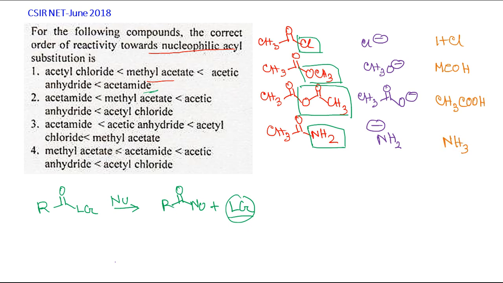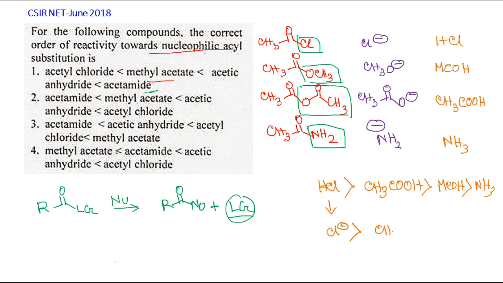Now if you consider the acidity of these 4 species, maximum acidic is HCl, after that it is acetic acid, then it is methanol. So this is the order of acidity I am writing, and we know when the acidity order is so, then the corresponding leaving group will be stable. So here Cl minus will be maximum stable.